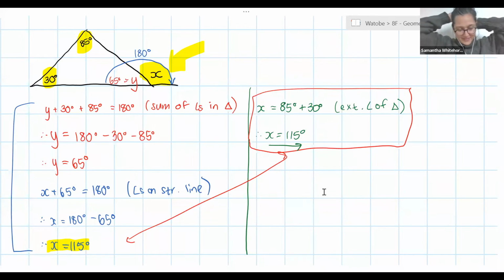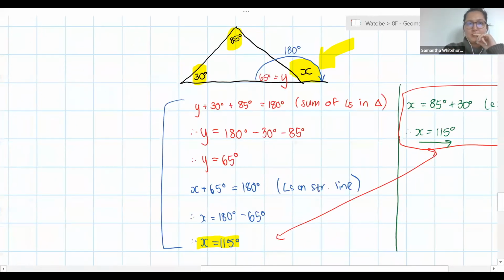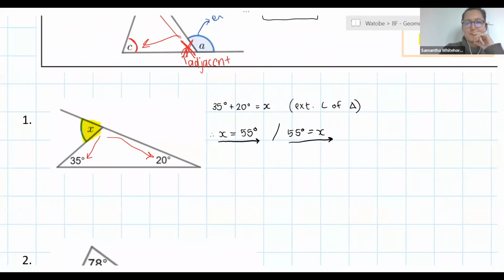Hi, Miss. I wanted to ask for the first sum that you did. Can you please go back to it? Okay. Yes. In the beginning, I said x plus 35 plus 20, then I said x is equal to 55. Okay.